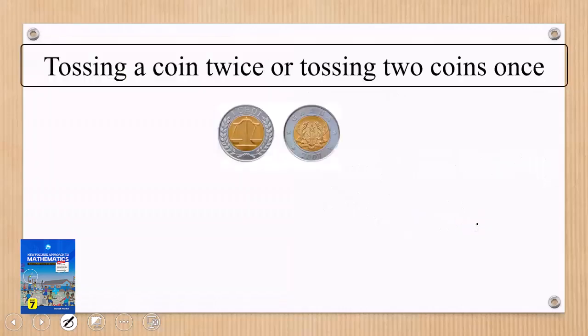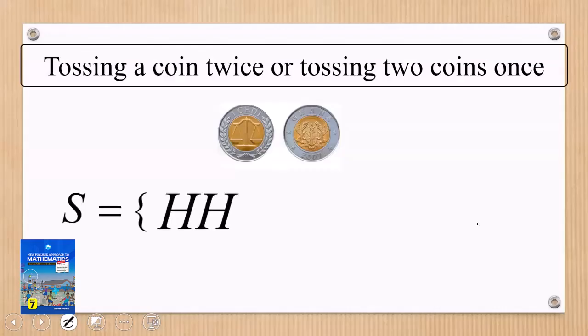What if the coins are 2 and you're tossing them once? Or you have only one coin and you're tossing it twice. What will be the outcome? If you toss 2 coins once or toss a coin twice, the possible outcome will be either heads appear in both coins, or one will turn head and the other tail, or one will turn tail and the other head.